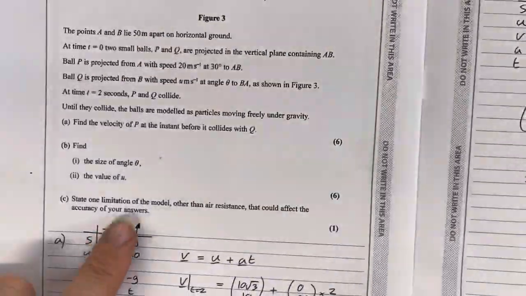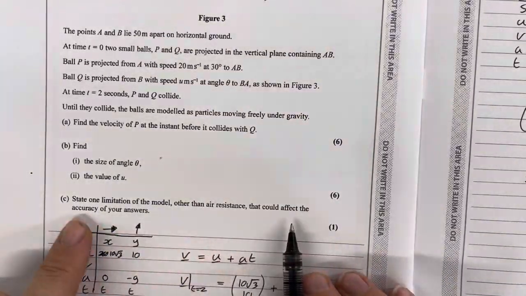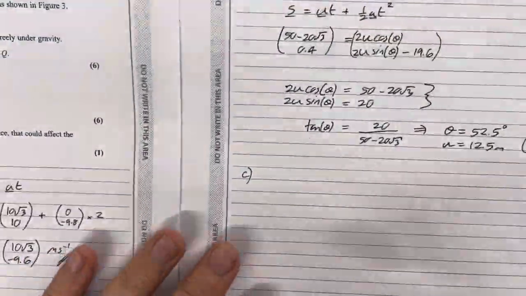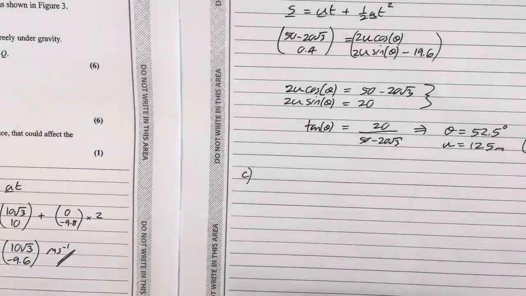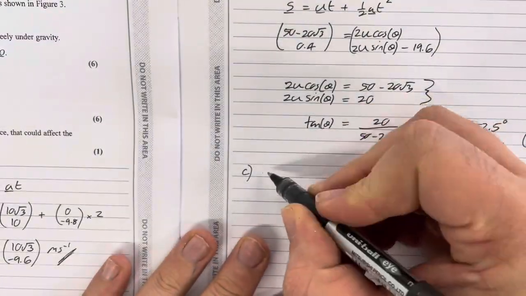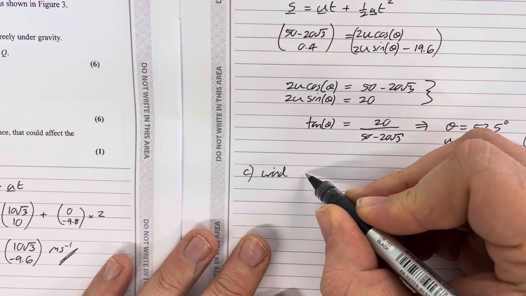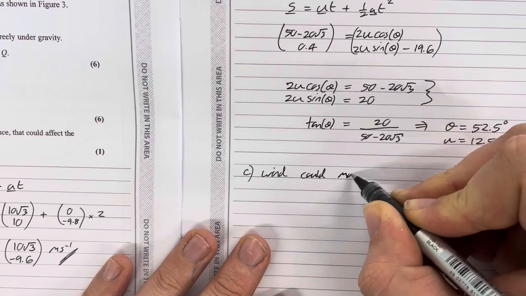And then state one limitation of the model, other than air resistance, that could affect the accuracy of your answers. So air resistance we can't mention. So say wind could move the ball.